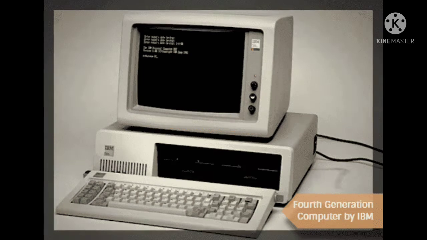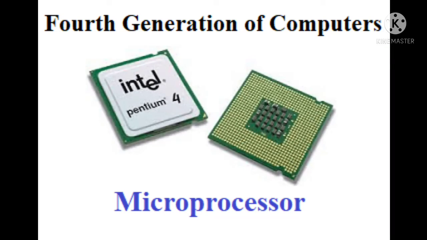Now we are going to see the fourth generation computer characteristics and capabilities. In that, first, size. Typewriter size microcomputer, speed relatively fast as compared to third generation, tens of millions of instructions per second. Cost lower than third generation.